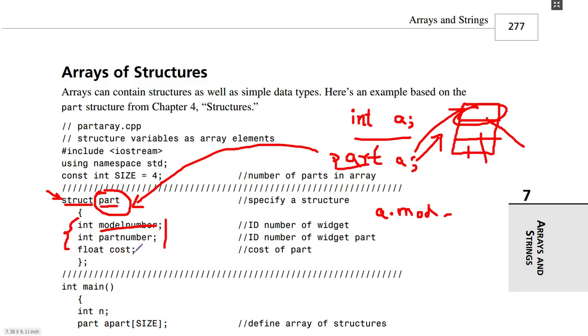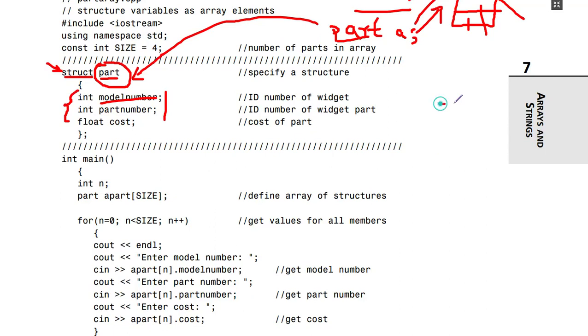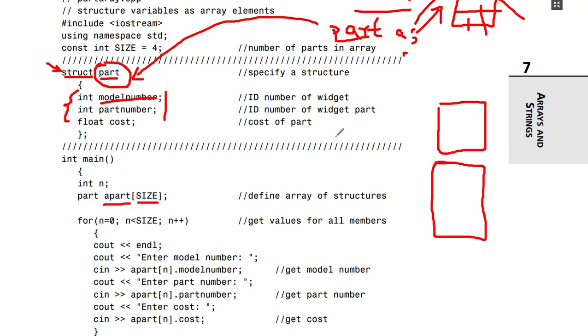Now if you want to have an array of such elements, for example, part a is a structure with these three elements, and you want multiple such structures, you can do this with the help of an array. You say part a and then the size.